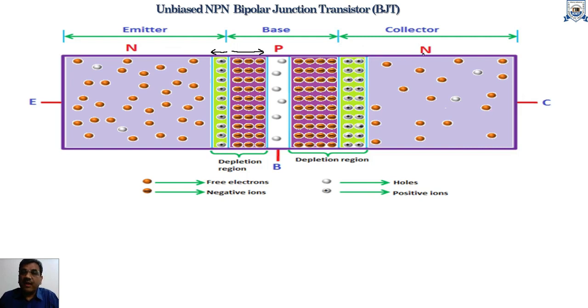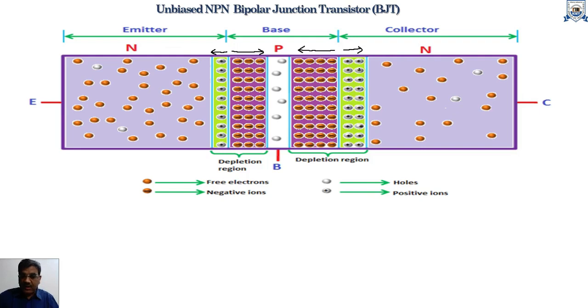In the same way, the collector side is moderately doped compared to the base side. So depletion layer penetration towards the base side is more and towards the collector side is less. If you compare the emitter and collector depletion layer penetration, the emitter side width is less compared to the collector side because the emitter is heavily doped and the collector is moderately doped.